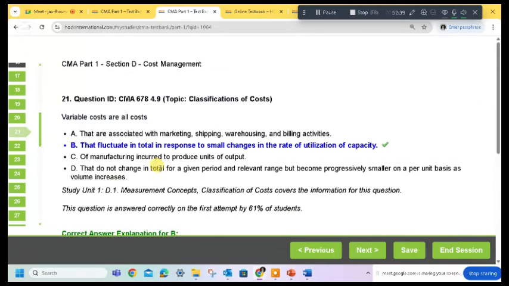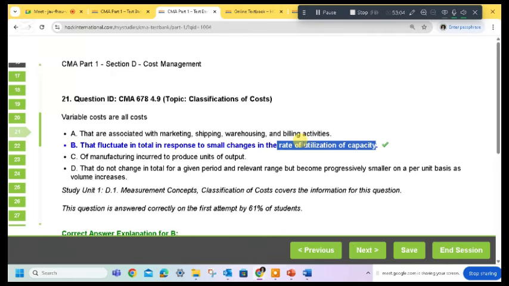Costs that fluctuate in total in response to small changes in rate of utilization of capacity. Rate of utilization of capacity means, imagine a classroom where 20 students can be accommodated. If I say 50% utilization, we have 10 students. 60% capacity, 12 students.